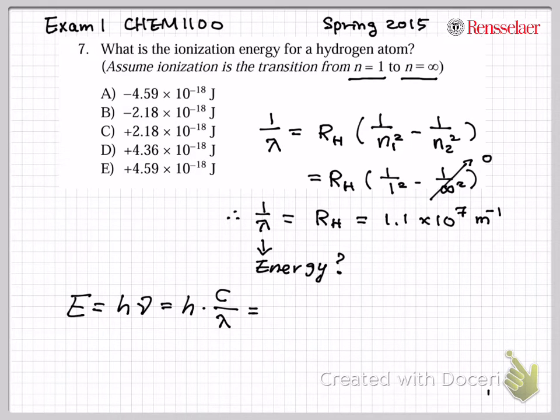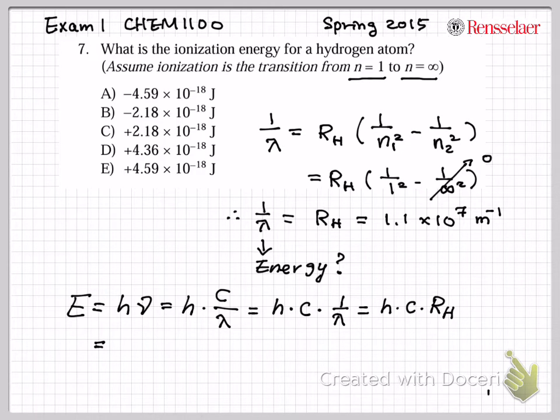So therefore, the answer for this is h times c times 1 over lambda, which ends up being h c RH.